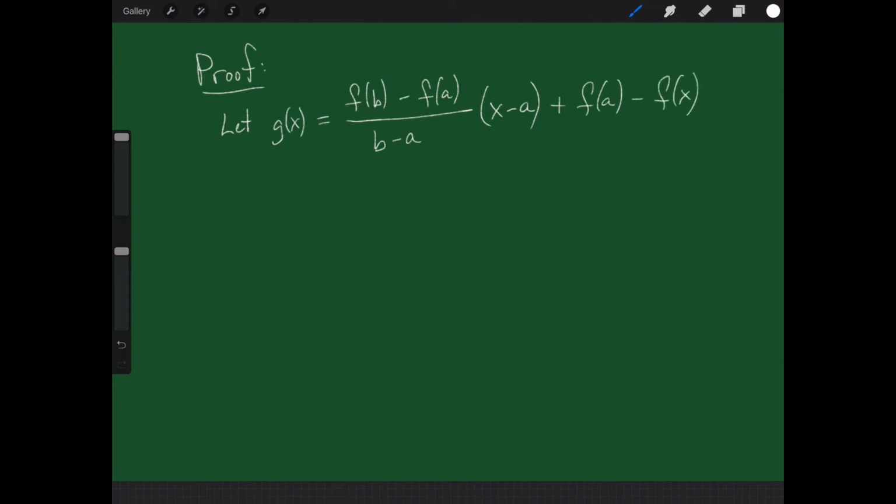Okay, so here is my new function, g of x. And notice there's a couple x's that show up: there's an x minus a in the first piece, and then there's this minus f of x in the second piece. That's what we would plug in for if we plugged in something for x into g.